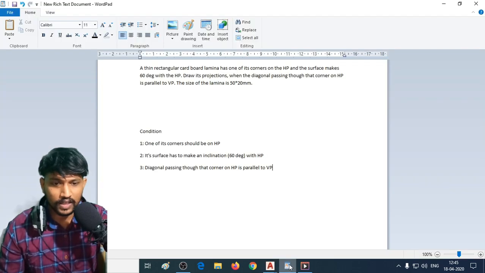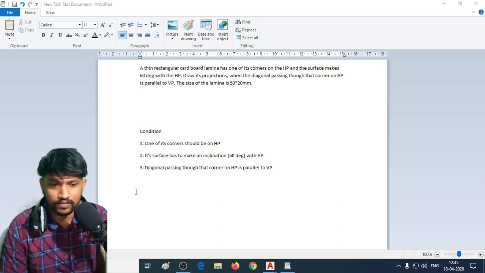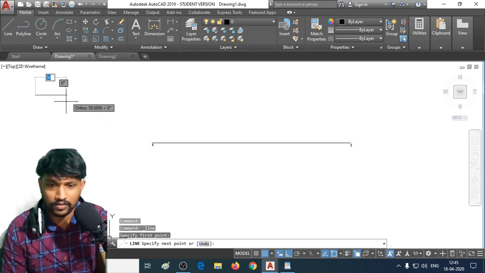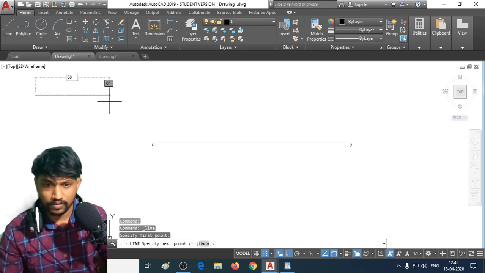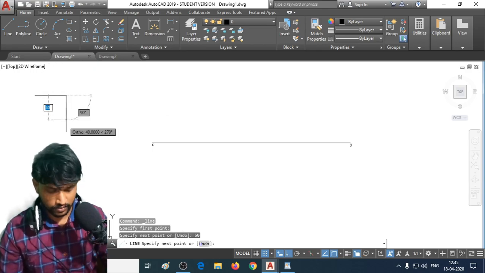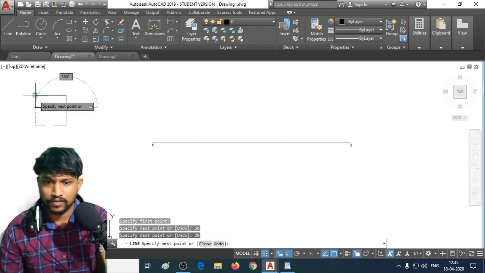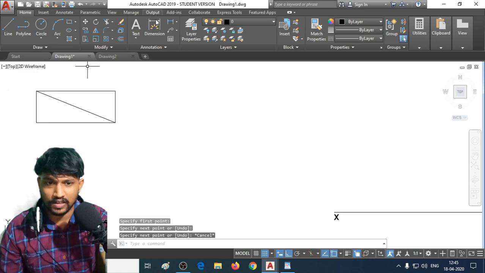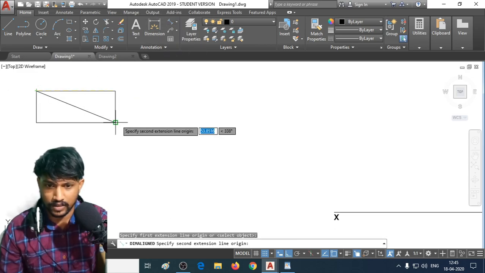So the given dimensions are 50 by 20. Okay, let us measure this dimension length, this line length.